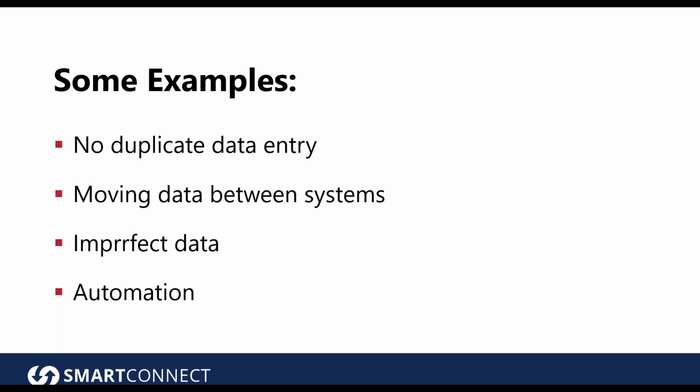And then, of course, automation, right? Being able to automatically move that data from one system into another, okay? My favorite is how we use this internally as well. All of our systems internally are used with SmartConnect. So anytime somebody purchases SmartConnect off of our website, we have SmartConnect run in the background that creates that contact for us inside of our CRM system.